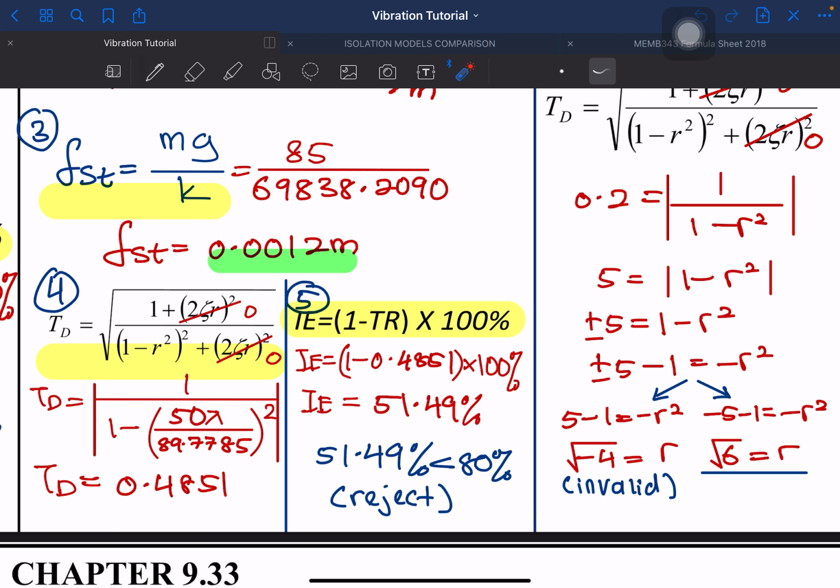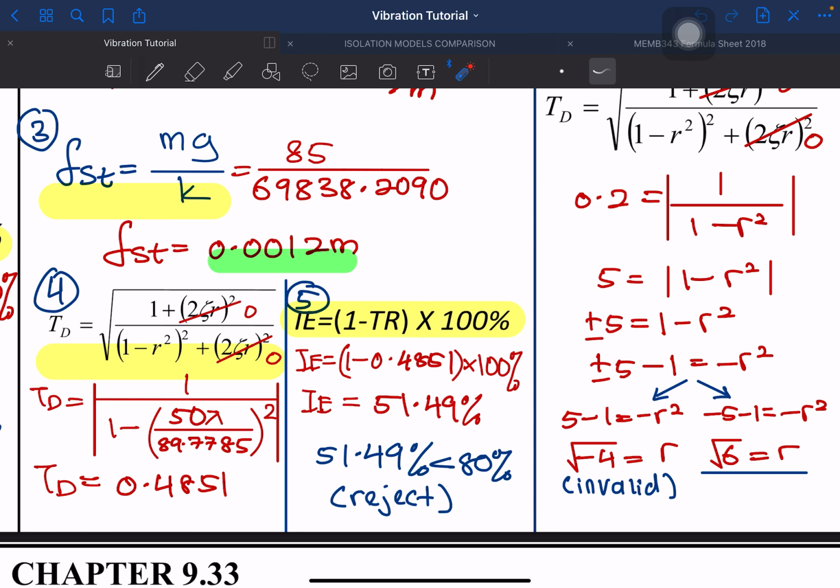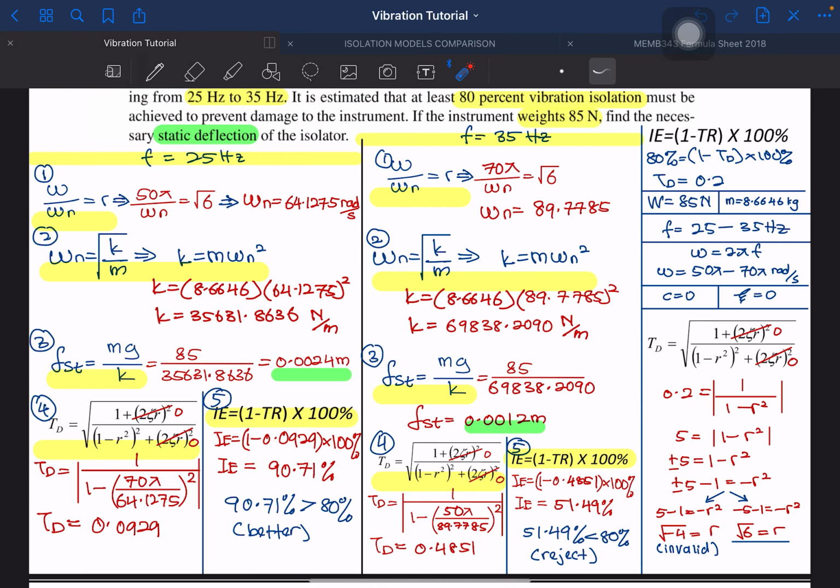For this one, I'll get negative 4, which is invalid. For the other, I'll get positive 6, so r is square root of 6. Our r is now more than square root 2, which is correct. Since we have two frequencies, we can find the static deflection for both: one at 25 Hertz, another at 35 Hertz.